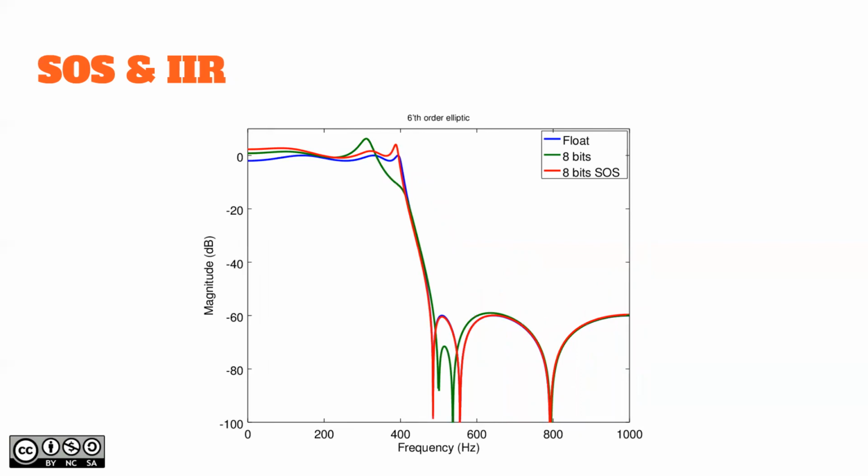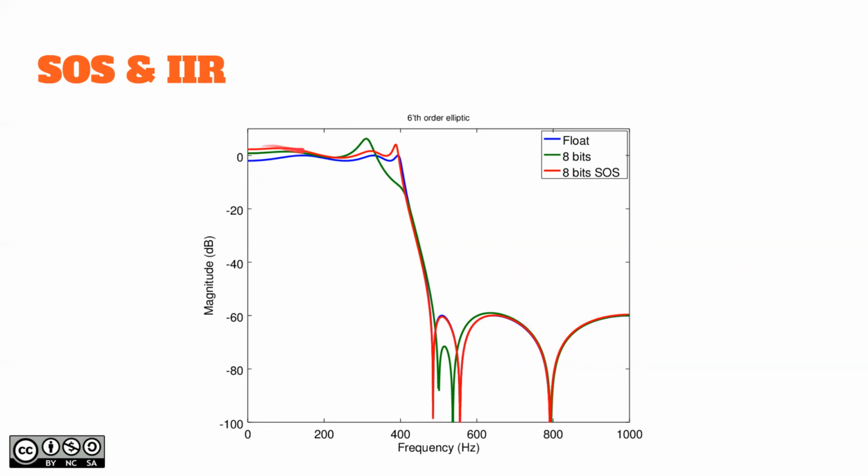Here's an example of what it does for the IIR system. I have a sixth order elliptic filter. The floating point is the blue line, the red line is the SOS system, and the green one is the 8 bits with direct form.